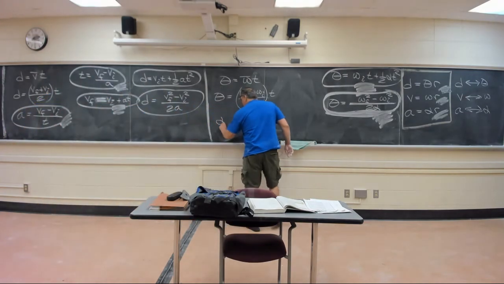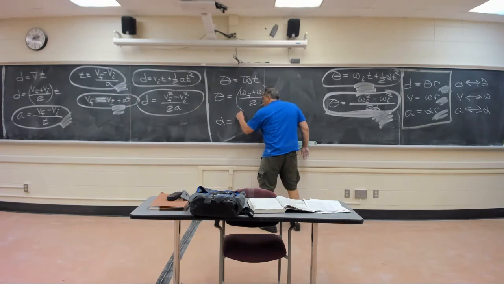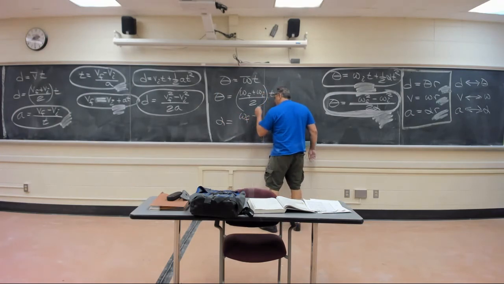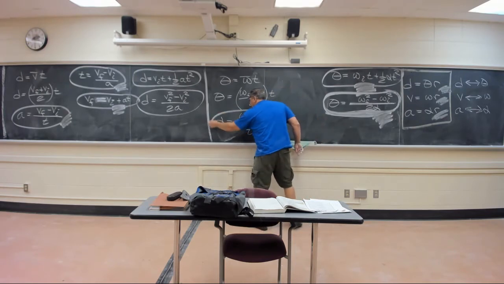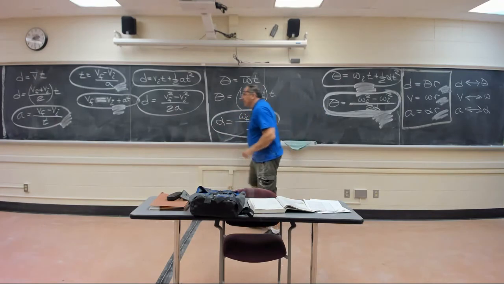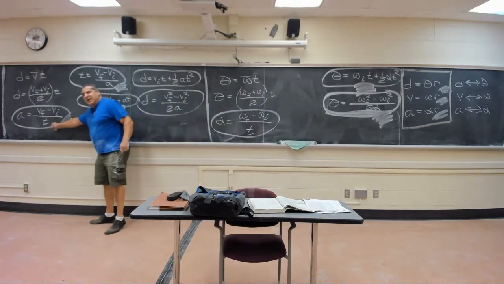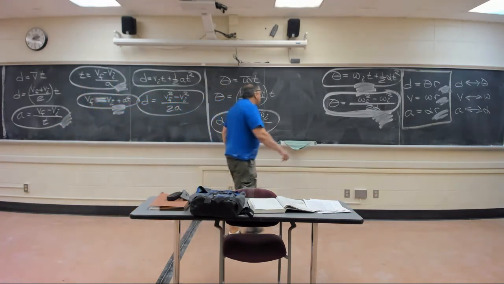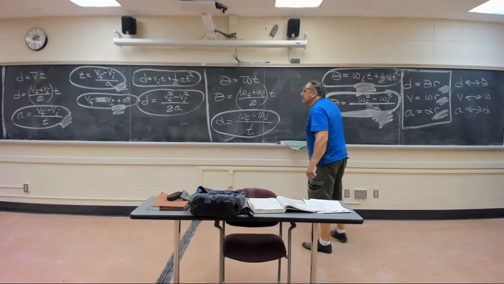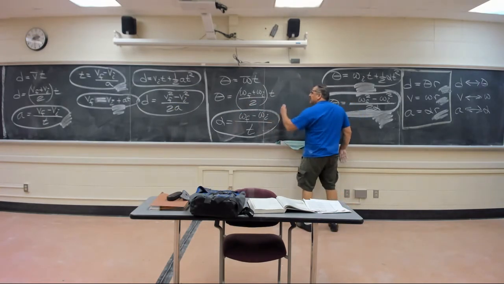The acceleration will be the final angular velocity minus the initial angular velocity over the time. You know that looks like this. You know that looks like this. Multiply by t on each side and divide by alpha.